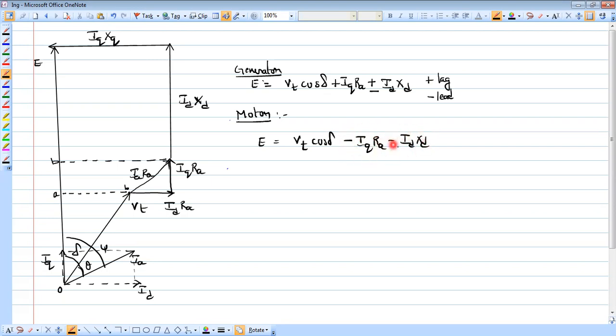The voltage drops are subtracted from the terminal voltage, but there we were adding. This is for the motor equation. And here also we get minus for lagging and plus for leading. Reverse, just vice versa. So these are the voltage equations of motor and generator for lagging and leading power factors.